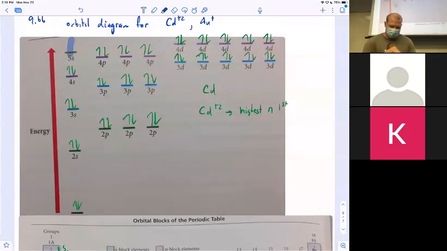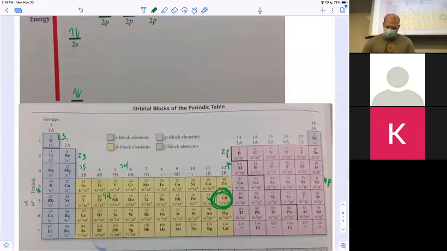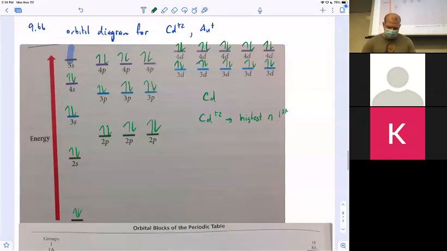And then if you want to write out the cadmium +2, you can write it out as krypton core, and just 5s0. I'm just doing it for emphasis. You should not include that. 4d10. So that's cadmium +2.